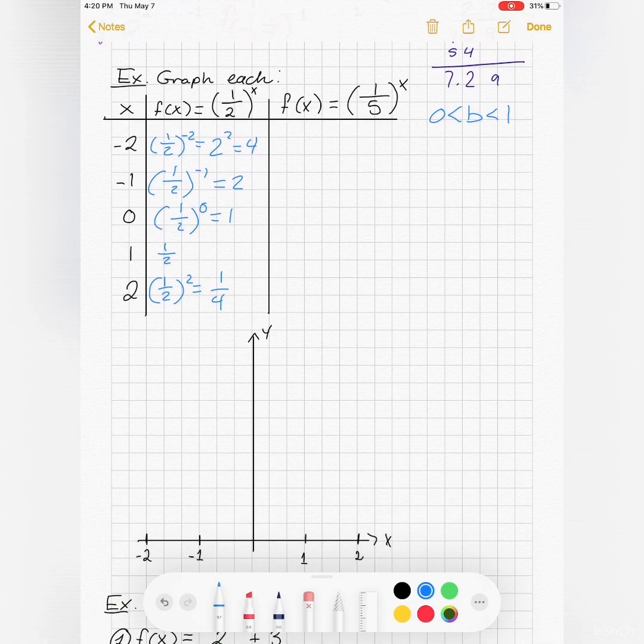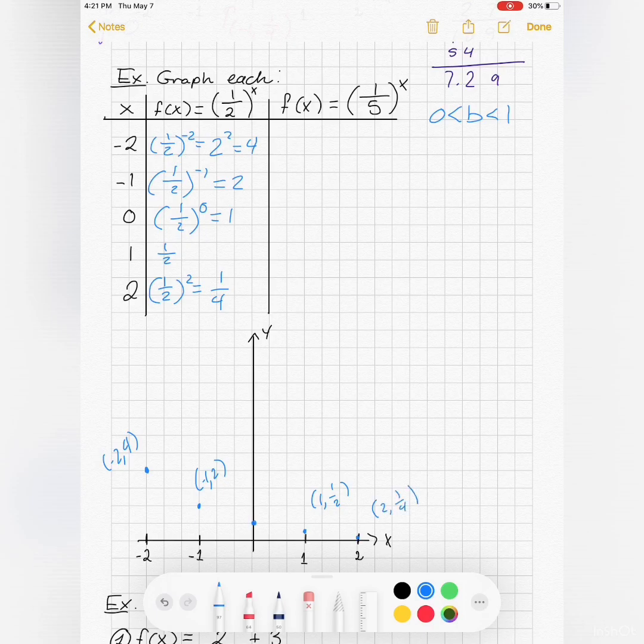Let's see, so my points for that guy have -2, 4. This one I scaled 1, 2, 3, 4. I have -1, 2, 0, 1, 1, 1/2, 2, 1/4.